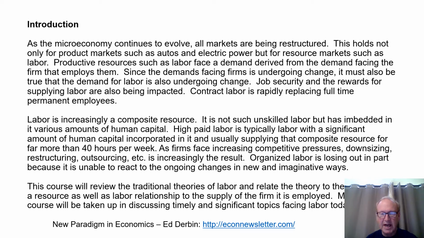In this case, we're talking about labor. Labor is one of those productive resources supplied by the household to the firm, where it is employed. The productive resources would include labor, entrepreneurship, and capital, which would be physical capital.